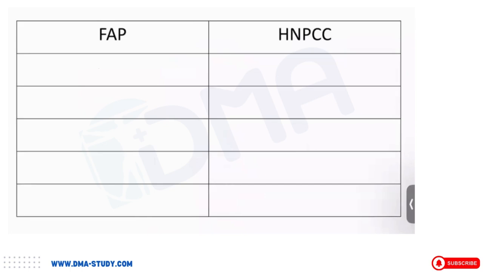One is the difference between FAP and HNPCC. In FAP, the defect is on chromosome 5, while here the defect is in microsatellite instability. This was asked several times in FMGE.